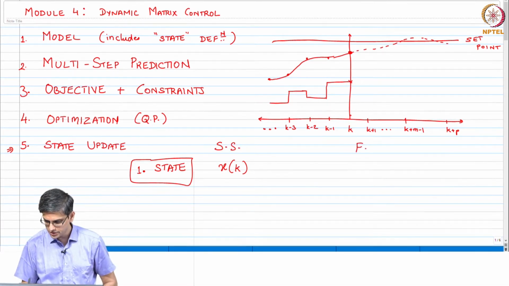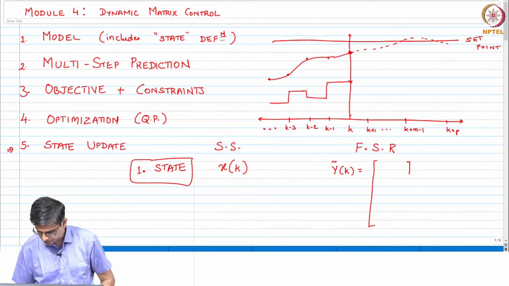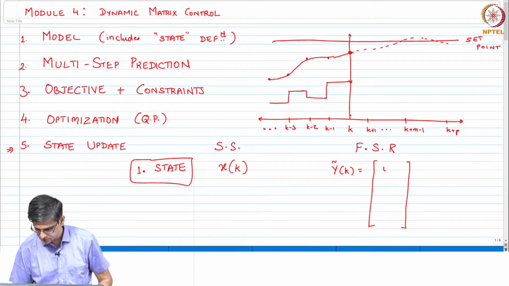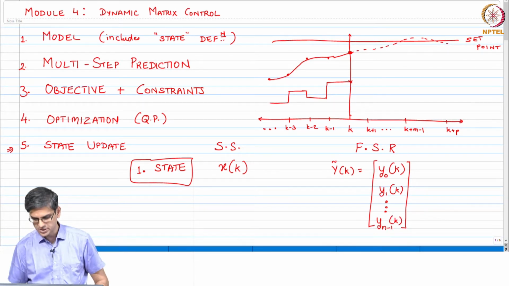Or if you are talking about a finite step response model, we have our y tilde k, which we remind ourselves is y0k, y1k up to yn minus 1k.